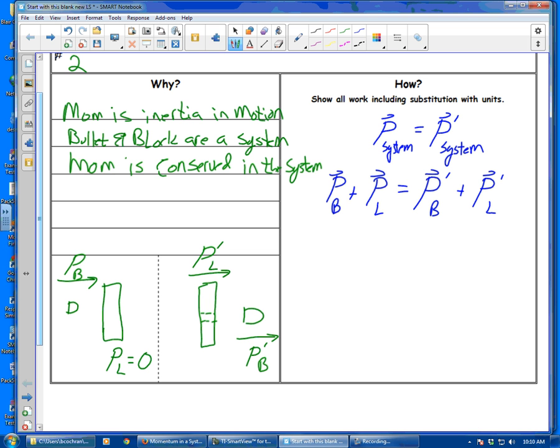Now let's see. Inertia of the bullet, velocity of the bullet beforehand, plus momentum of the block, which was 0, equals inertia of the bullet, velocity of the bullet afterwards, prime in there again, plus inertia of the block, velocity of the block afterwards.